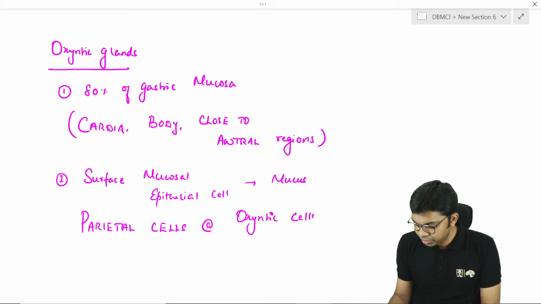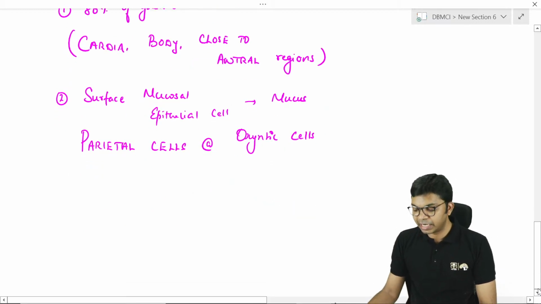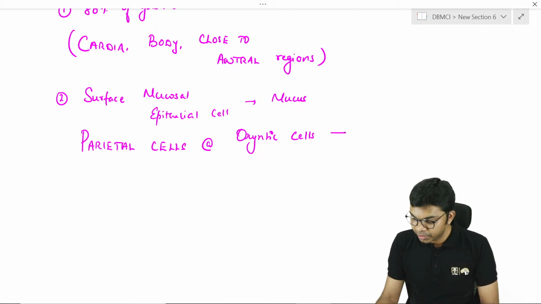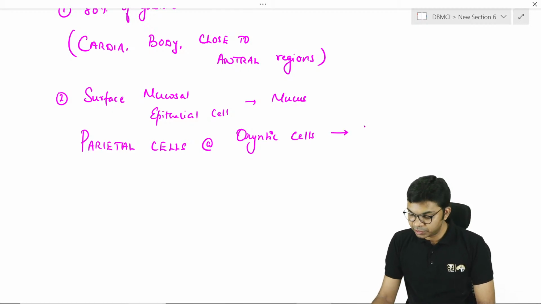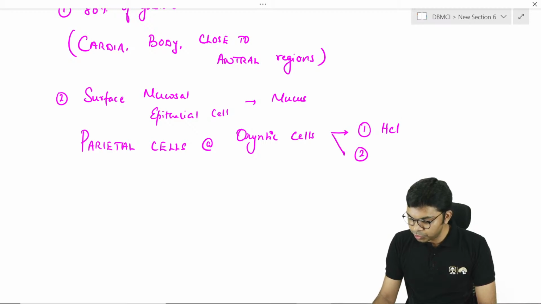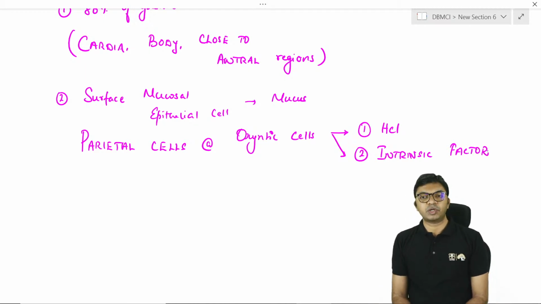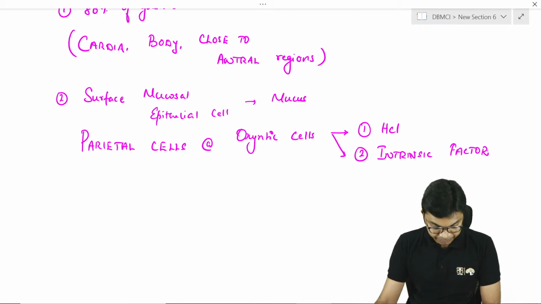Because of the presence of oxyntic cells, these glands are called as oxyntic glands. Parietal cells or oxyntic cells produce, number 1, hydrochloric acid. Number 2, they also produce intrinsic factor of Castle.